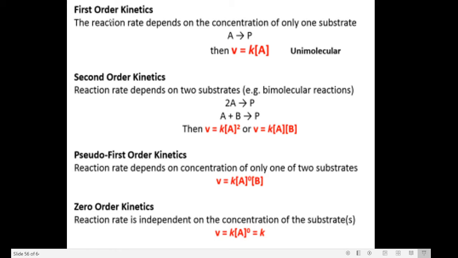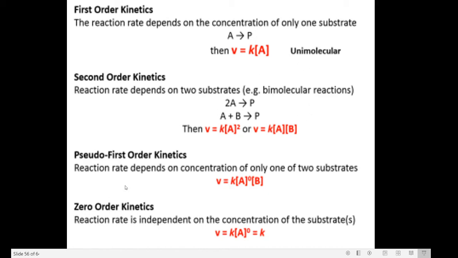In first order kinetics, the reaction rate depends on the concentration of only one substrate. In second order kinetics, the reaction rate depends on two substrates, that is the bimolecular reaction.